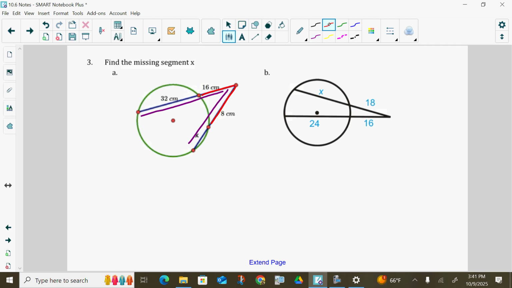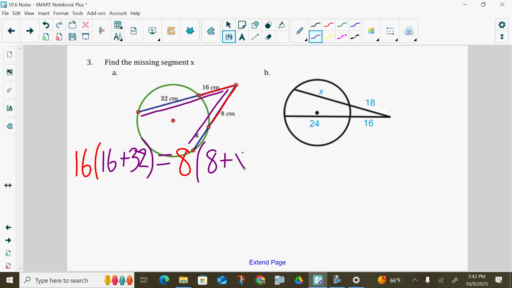So our theorem told us that we can take the outside of our segment times our whole segment, which our whole segment of our top secant is 16 plus 32, and I'm going to set that equal to the outside of our other segment times the whole segment, which is 8 plus x. And now I'm going to solve for x.